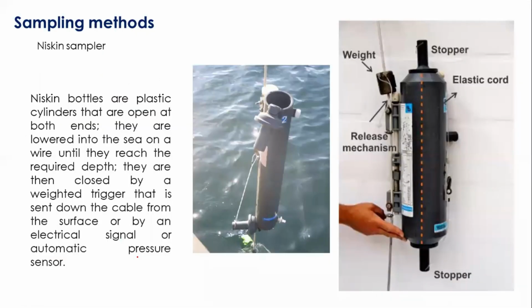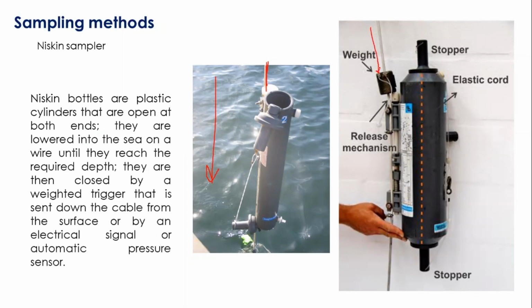Now the third one is a Niskin sampler. It is a kind of plastic cylinder that is open at both ends, right? What you do is lower it down in the water to collect different water columns. Let us suppose that you want a 10-meter deep water sample. You put this Niskin sampler inside. Once you reach 10 meters, which will be marked on the thread also, you stop it and then you send down a weight.